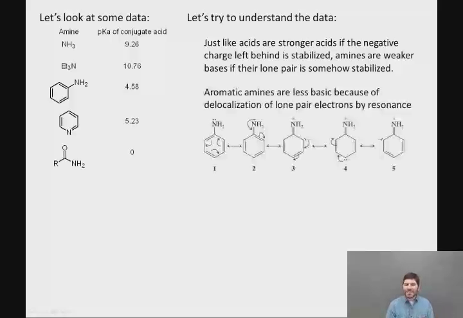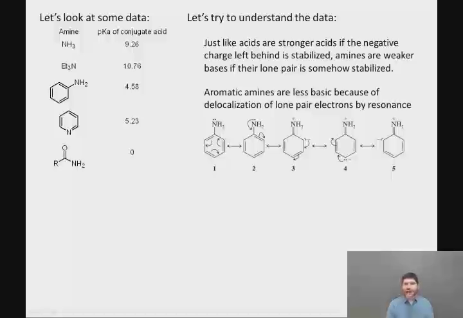Aromatic amines, looking at aniline here, are actually less basic because of delocalization of the lone pair electrons by resonance. Of course we have structures 1 and 2 here, which are simply the 2 Kekule structures for aniline.